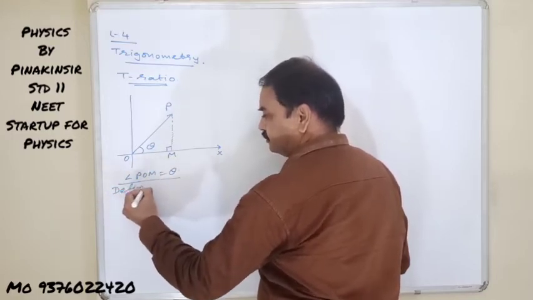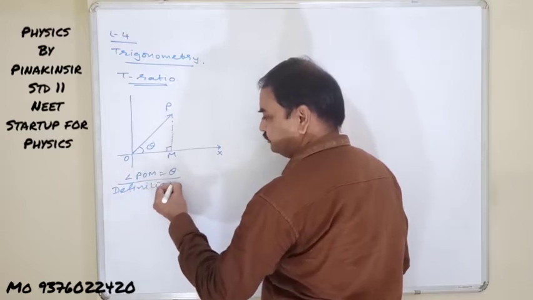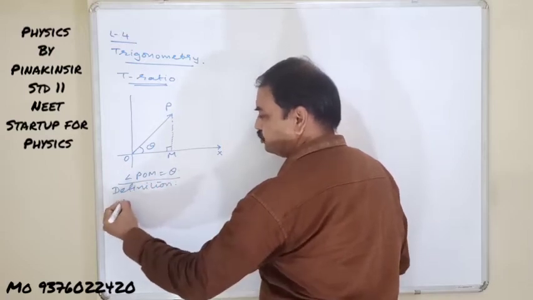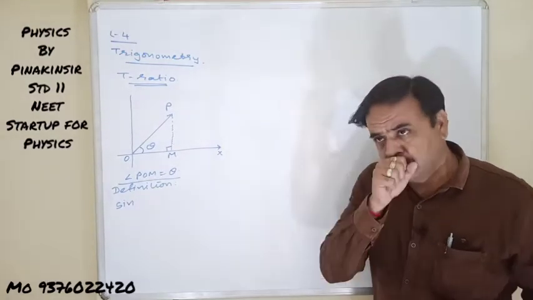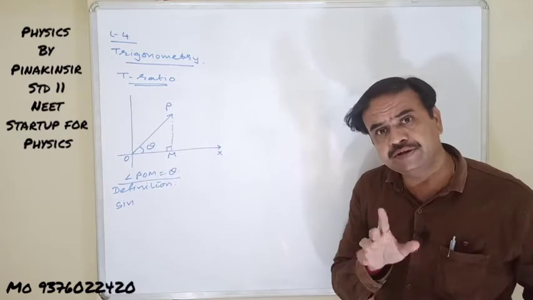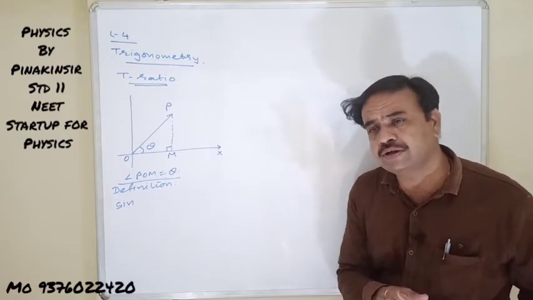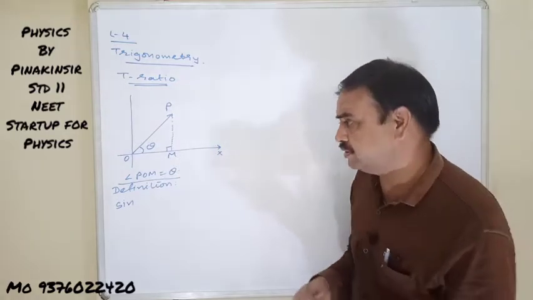Definition of T ratios. Total 6 trigonometric functions are there. All are defined by mathematicians, and we have to just recall it.